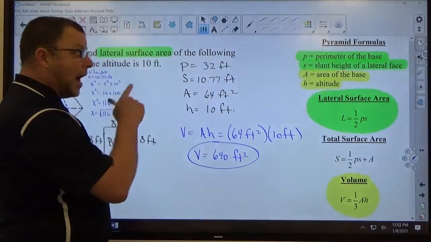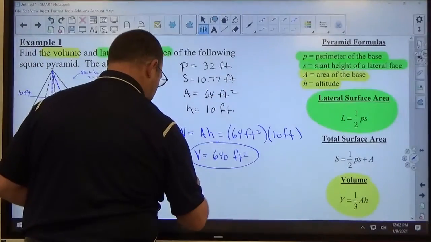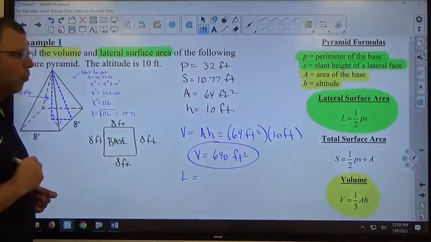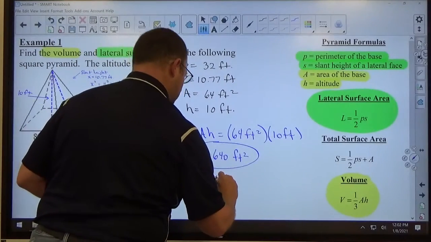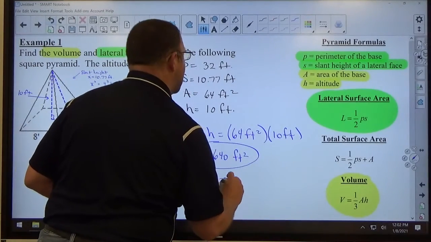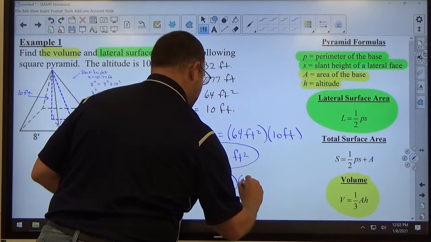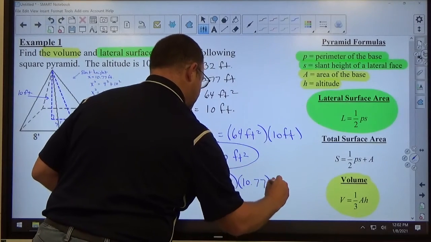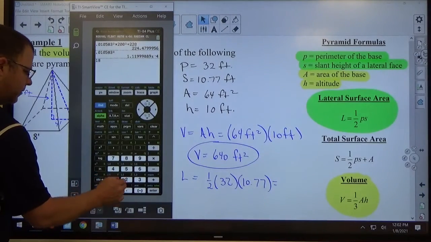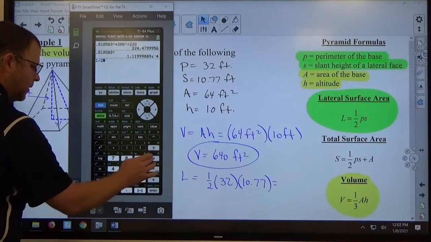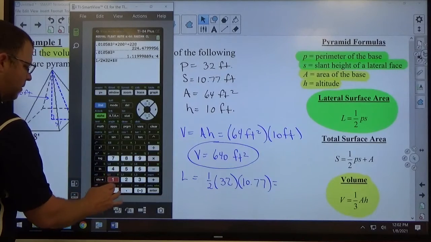Okay. The lateral surface area in green there, the formula is 1/2 PS. 1/2 P is 32, and S is 10.77. So 1/2 times 32 times 10.77.